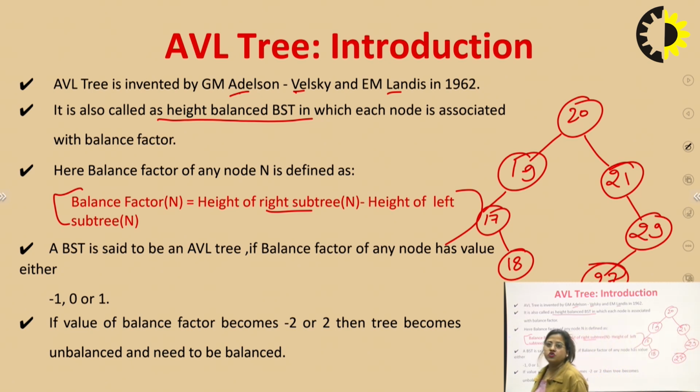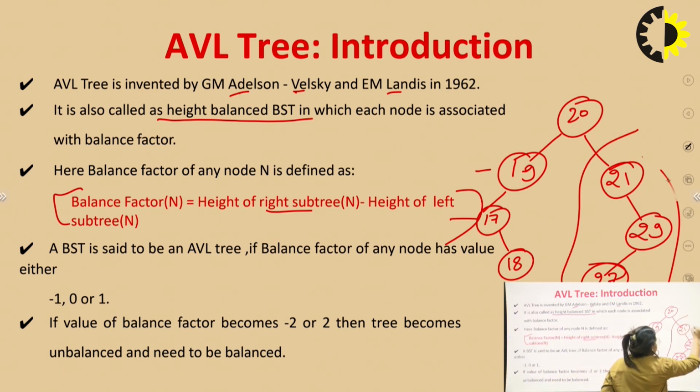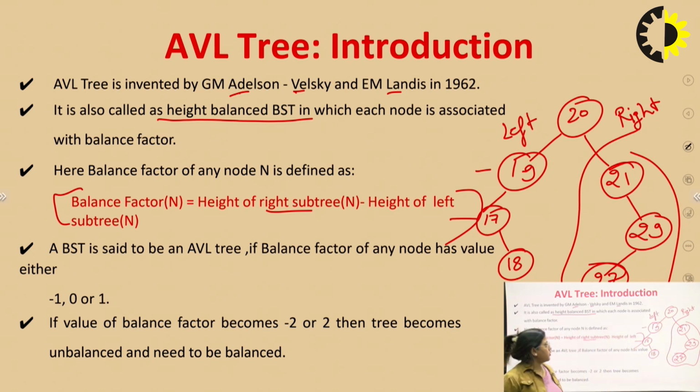If you want to check the height of a node, for example the 21 node, you count 1, 2, 3. The balance factor is the height of the right subtree minus the height of the left subtree of node N, where N means the specific node whose height you want to find.